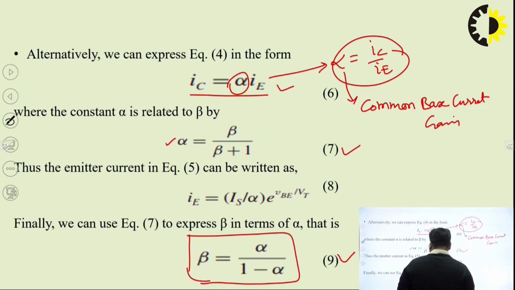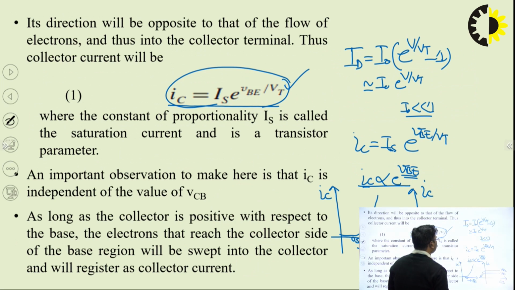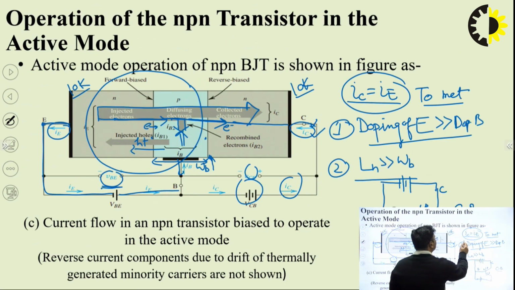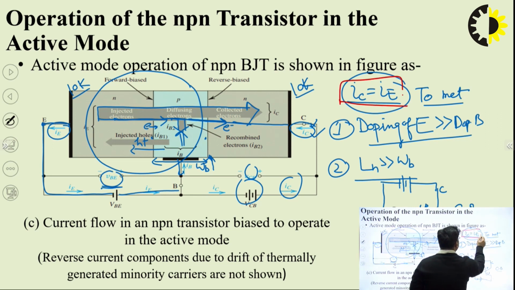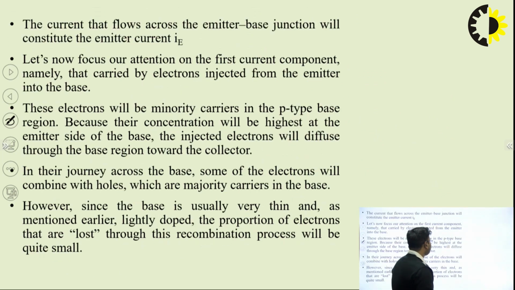And what should be the value of alpha? We require IC is equal to IE ideally. To have IC equal to IE, alpha should be 1.